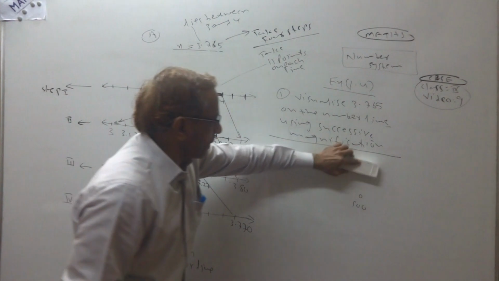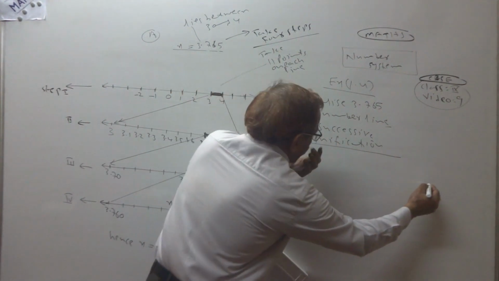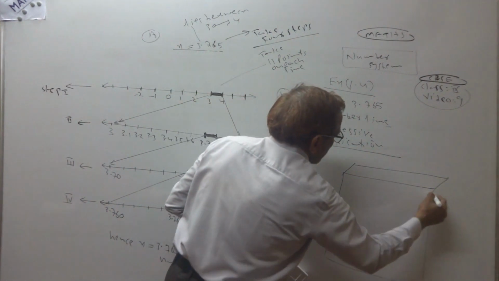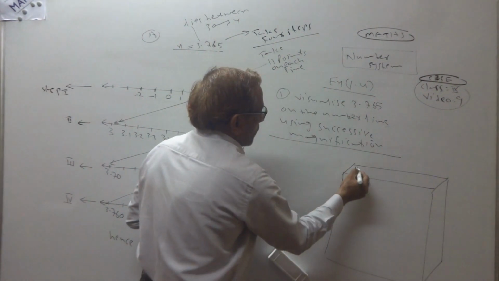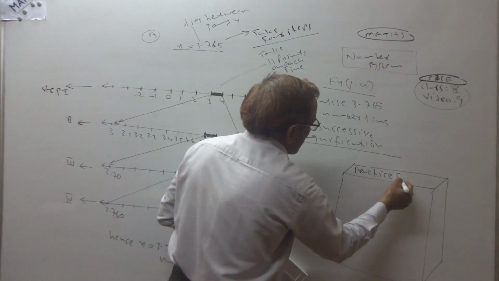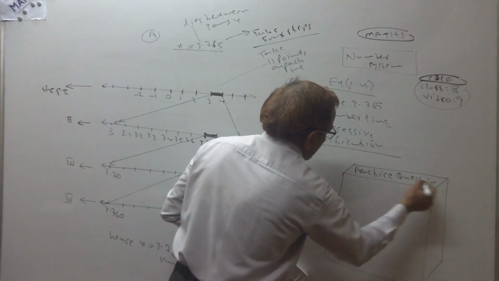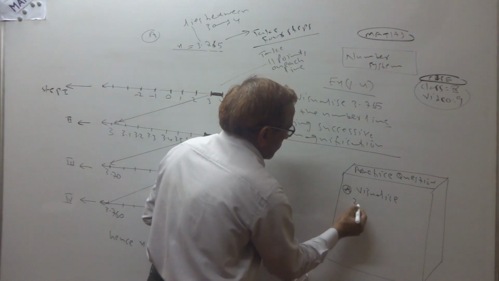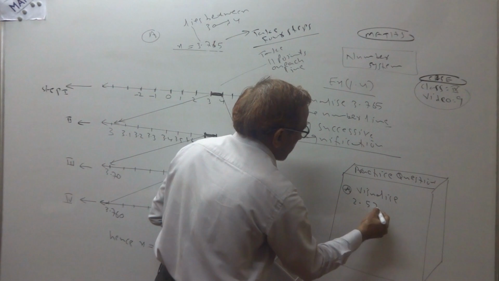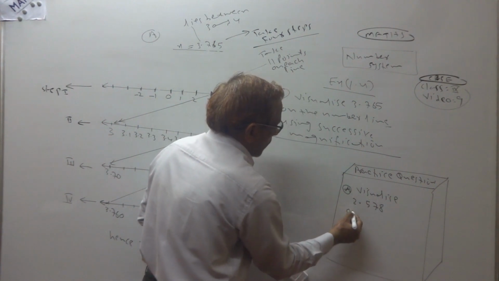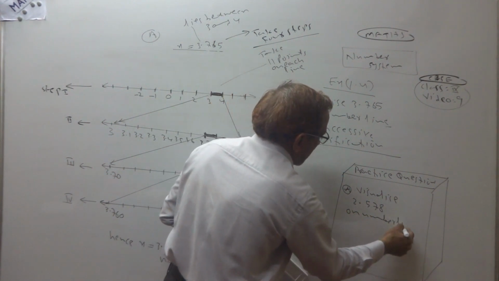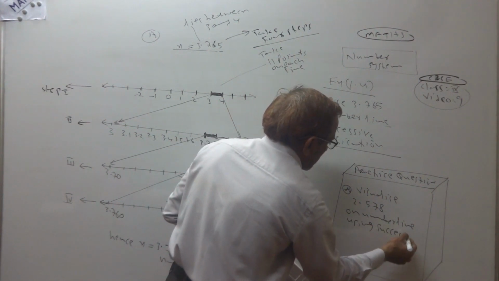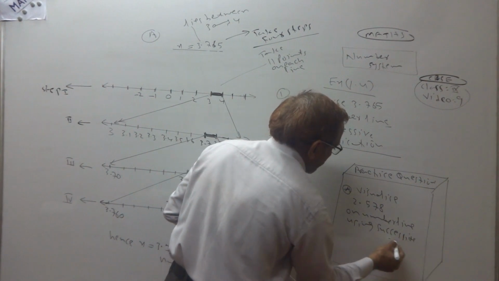So any question, you can try this like this. I am giving practice questions here. Okay? Practice questions. Visualize 2.578 on number line using successive magnification.